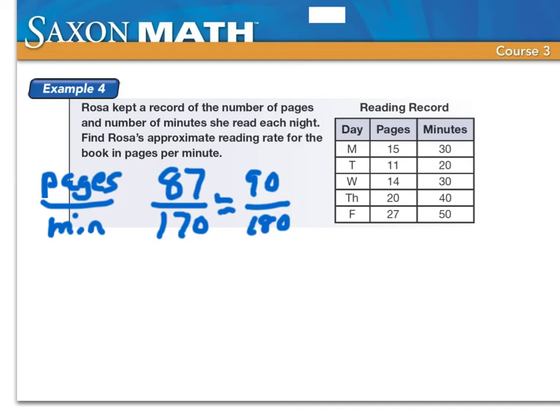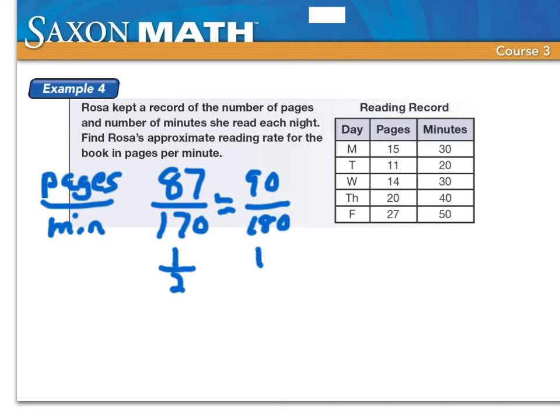So if we reduce that down, that is about 1 page for every 2 minutes. Well, this says in pages per minute. So we've got 1 page for every 2 minutes. So per minute means how many pages in 1 minute? Well, she reads 1 page every 2 minutes.